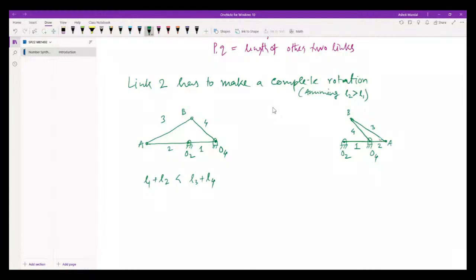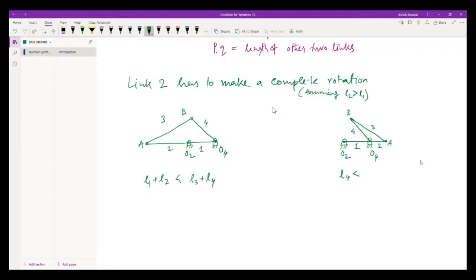Now for this triangle, we can write that, just consider L4.